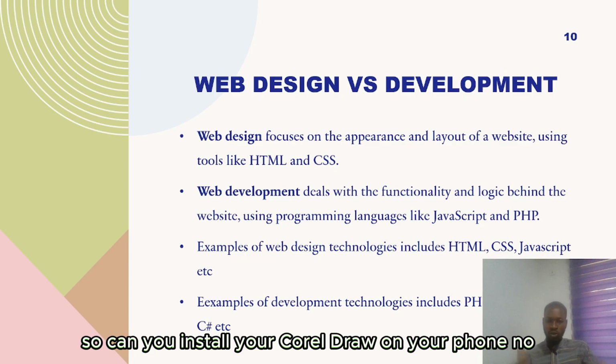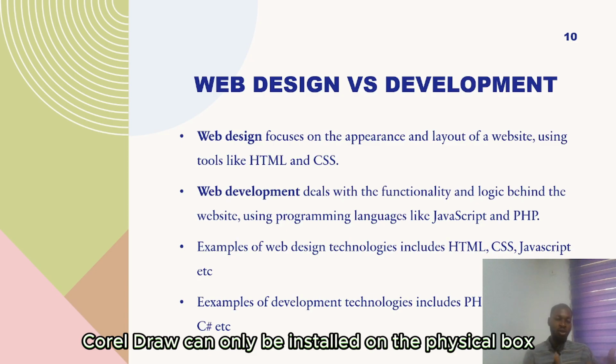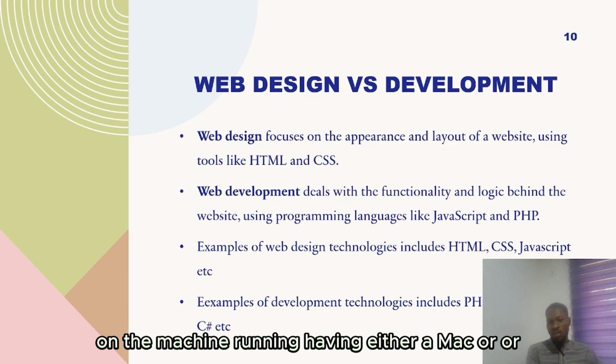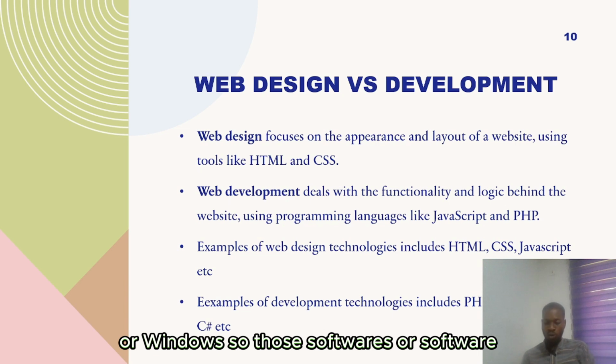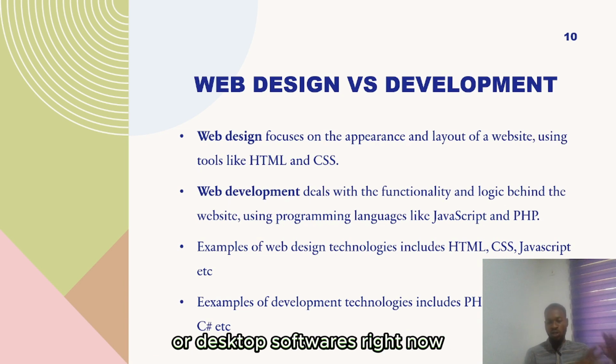Can you install your CorelDRAW on your phone? No, you can't. CorelDRAW can only be installed on the physical machine, running either Mac or Windows. So those software or solutions we refer to as desktop applications or desktop software, right?